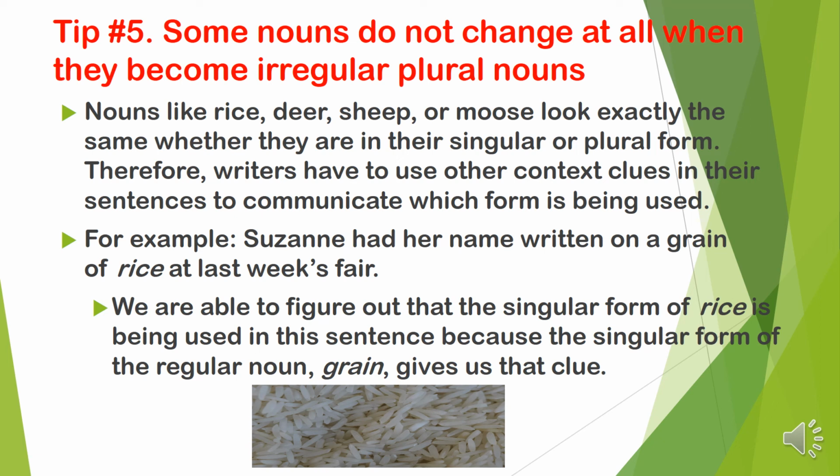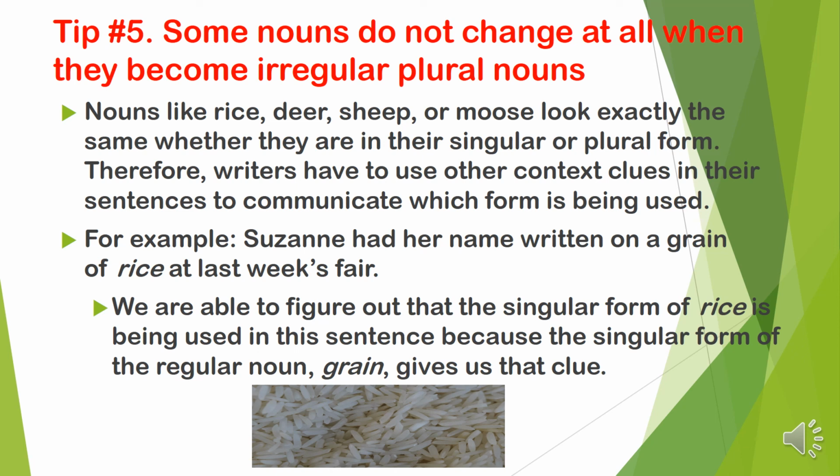For example, Suzanne had her name written on a grain of rice at last week's fair. What is a grain of rice? So for example, class, we are able to figure out that the singular form of rice is being used in this particular sentence because the singular noun grain gives us that clue.